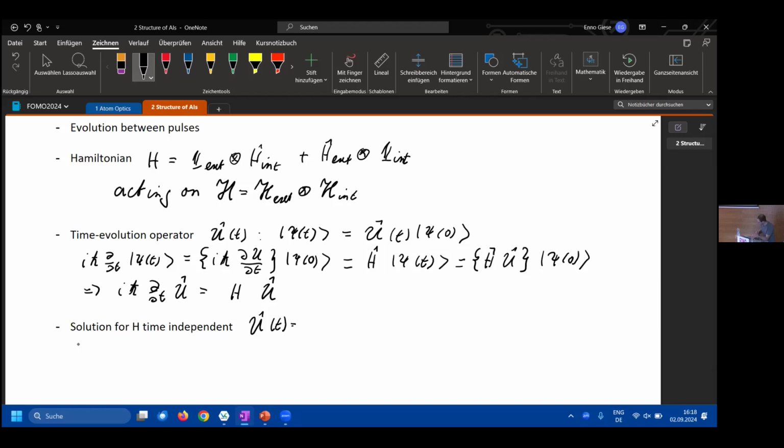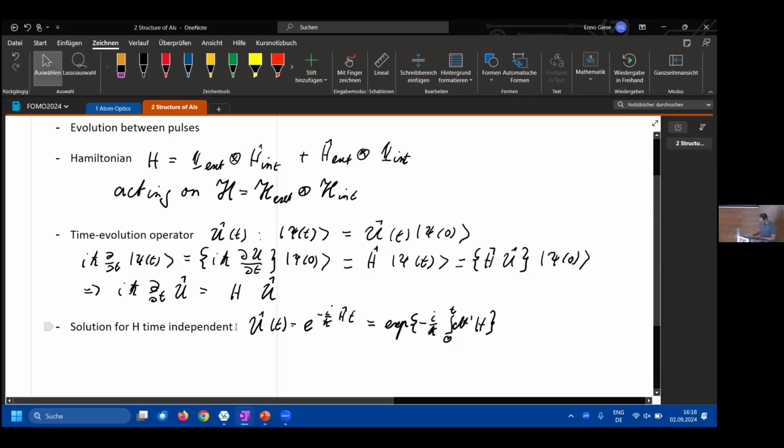So we say U of t is equal to e to the minus i over h bar H times t. Or to write it in a little bit more fancy way, the operator exponential of minus i over h bar, the integral from 0 to t dt prime times H. And that's it. Now, of course, you have to be very careful.